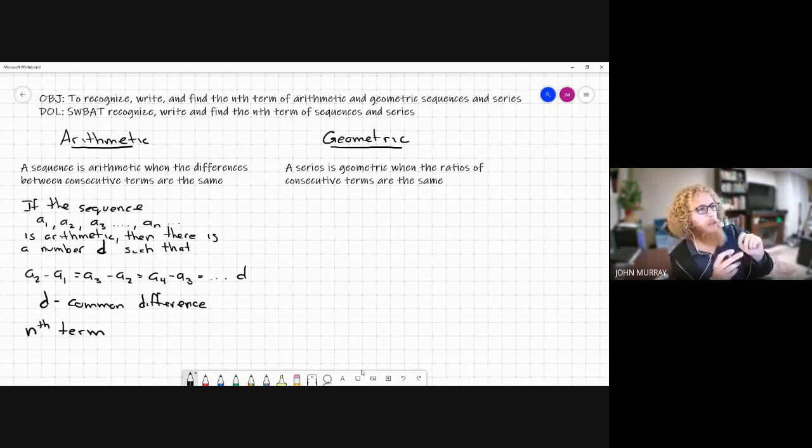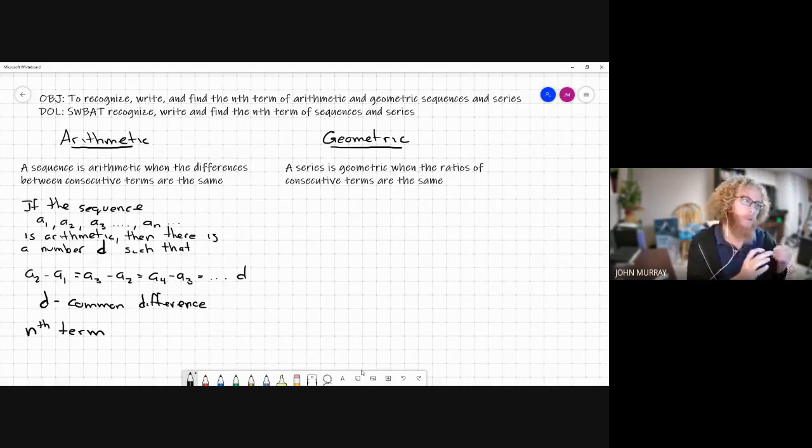So if I'm given the odd numbers 1, 3, 5, 7, 9, and I want to find the 52nd term, if you did that normally, counting 1 as the first term and 3 as the second term, that would take forever. Well, we use some basic algebra properties, and we're able to find any term with just a few things.